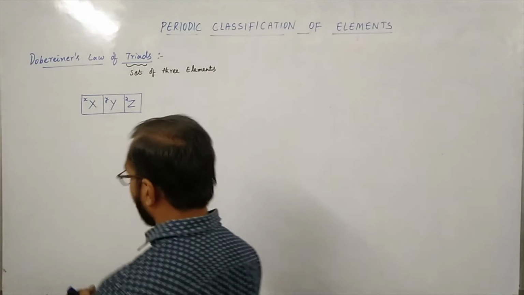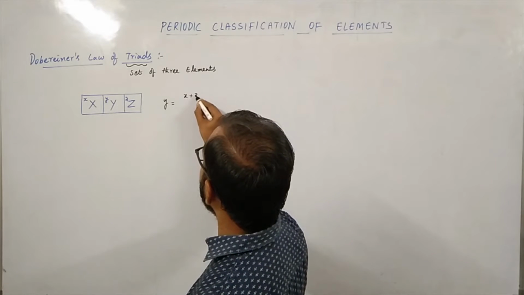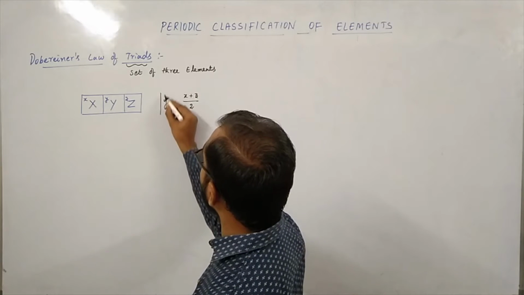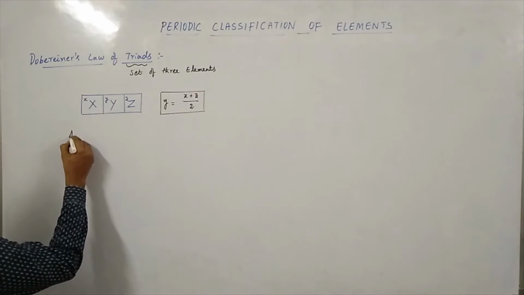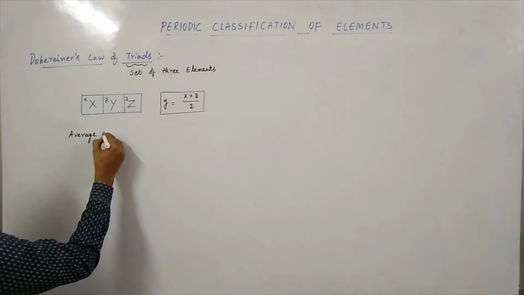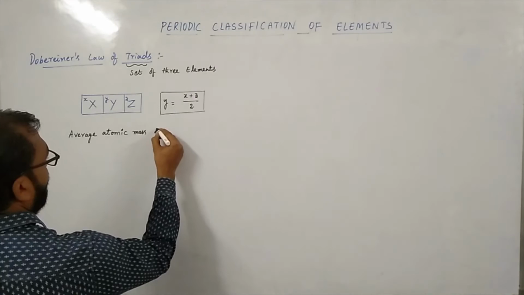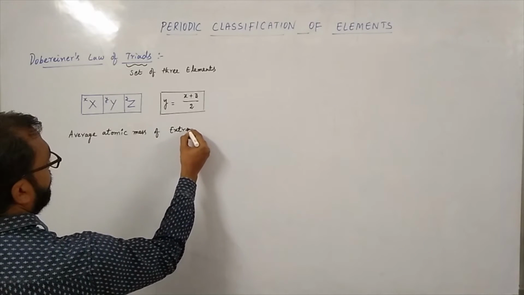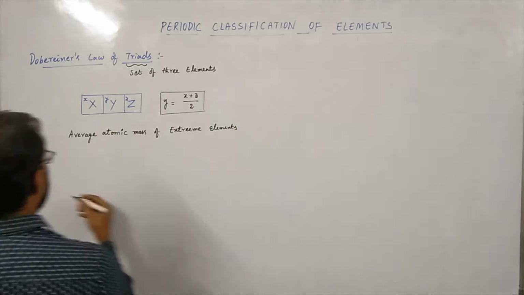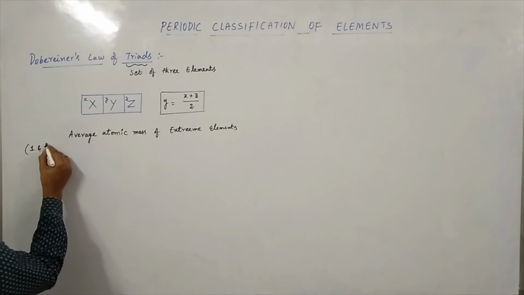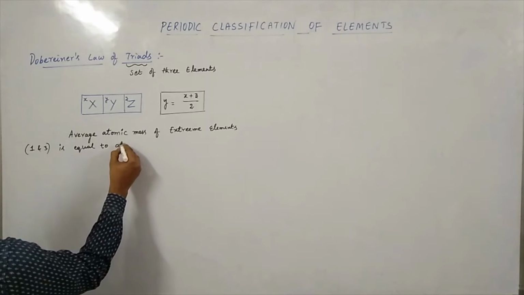Then according to Dobereiner, small y is equal to x plus z upon 2. Average atomic mass of extreme elements, extreme elements means 1 and 3, is equal to atomic mass of middle element.